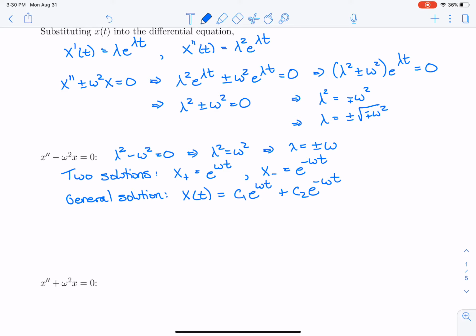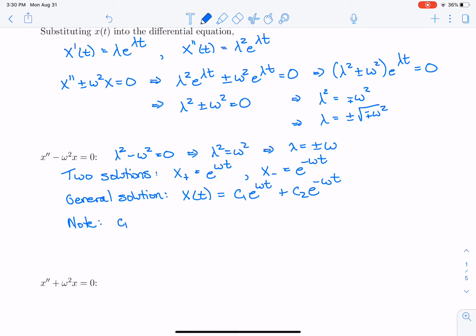In fact, you can substitute that general solution back into the differential equation, and you will see that it is indeed a solution. Now, that's one way to write the solution, okay? But we could write it a different way as well. We could think about c1.